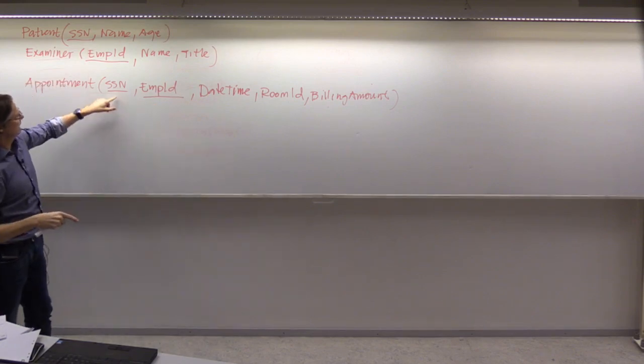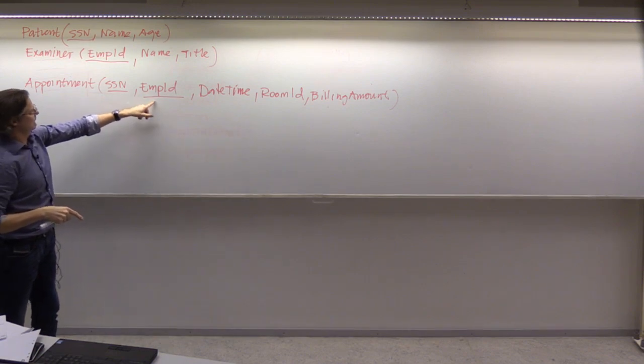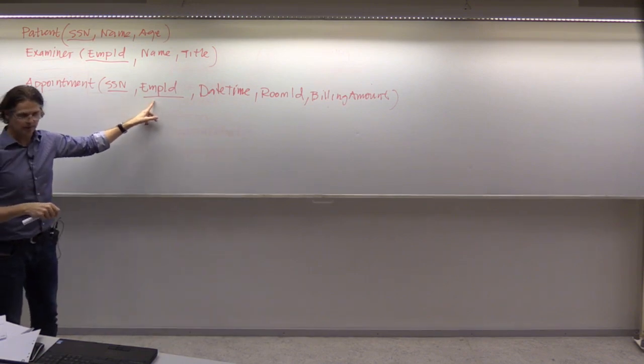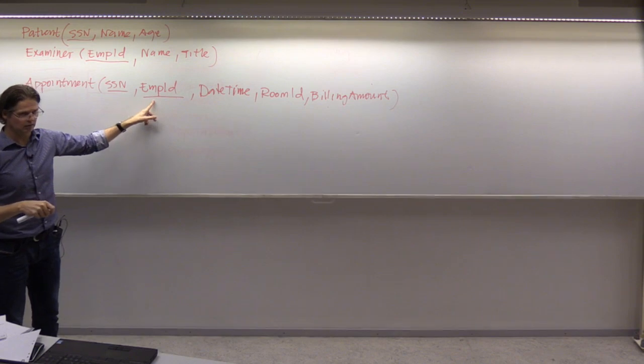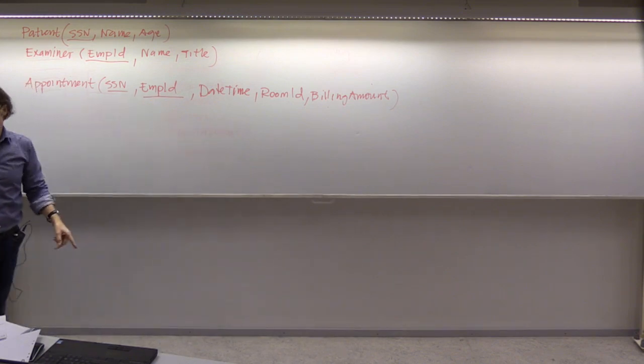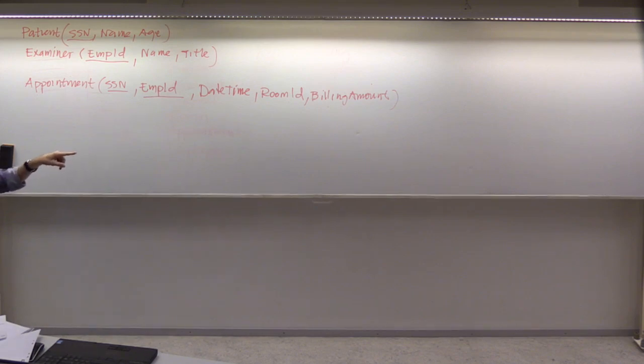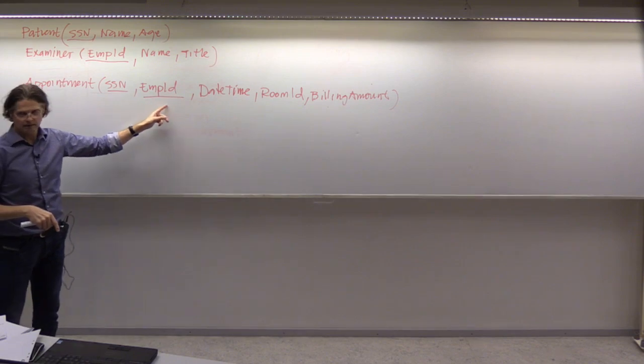If those two attributes are composing the primary key, I think we're in trouble here, because if the same person visits the same examiner, we are violating that primary key.